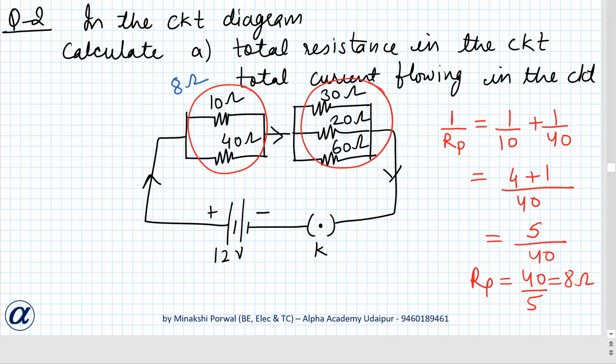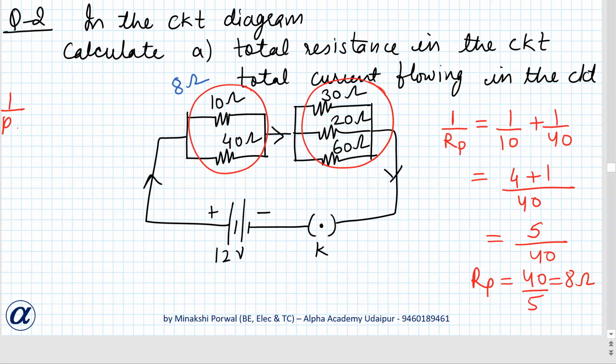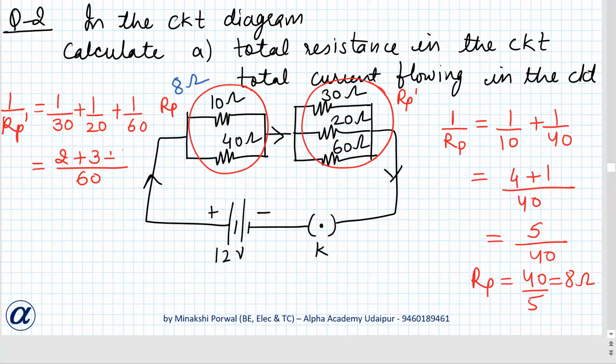Okay. Then another combination also we have 30, 20 and 60. So I am referring the another combination as Rp dash. This I am referring as Rp so that there is no confusion. 1 by 30 plus 1 by 20 plus 1 by 60. Okay. So LCM is 60. 2 plus 3 plus 1, that is equal to 6 by 60.